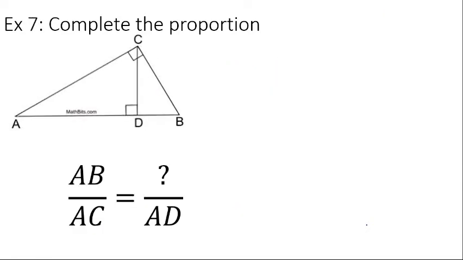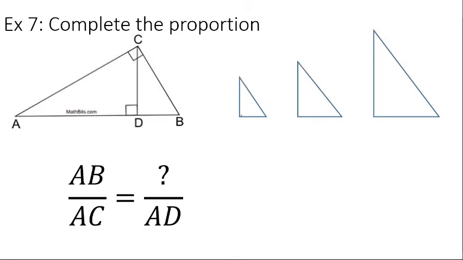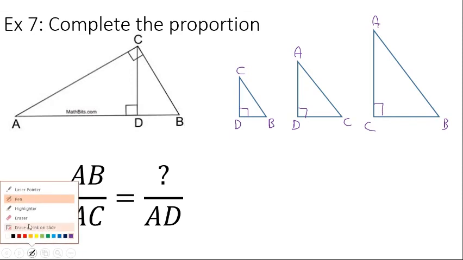Example 7. Just again, set up our 3 triangles. So small one, again, D, B, C. Medium one is at D, C, A. And then large one is at C, B, and A. So let's look at the 2 triangles that have these together.